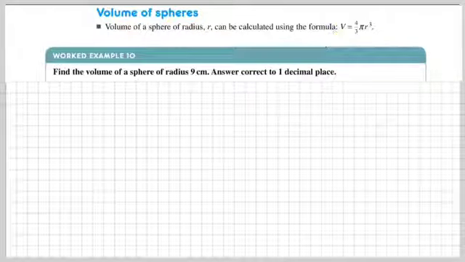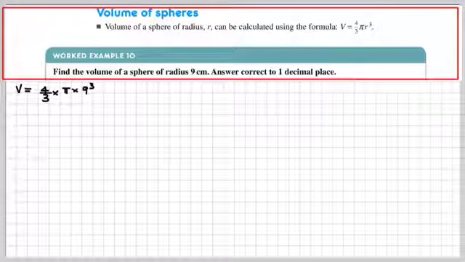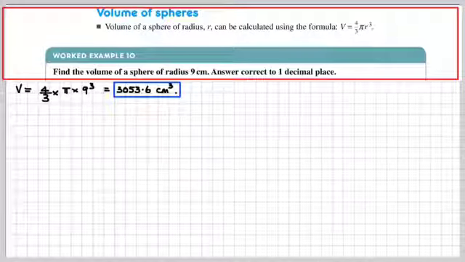Okay. Worked example. Find the volume of a sphere of radius 9 centimetres and give your answer correct to 1 decimal place. Well, I can see a plug and chug coming, can't you? R is going to be 9, so therefore it'll be mighty fine. We get V is 4 over 3 times pi times 9 cubed, which comes to a lot.